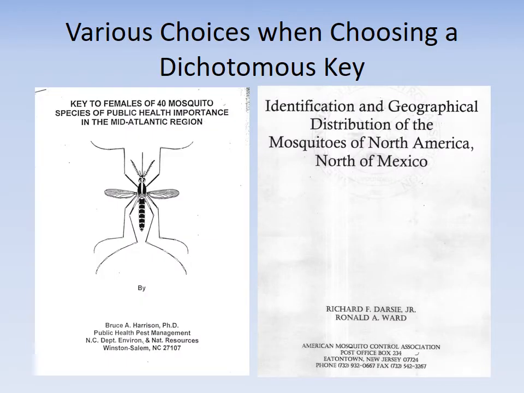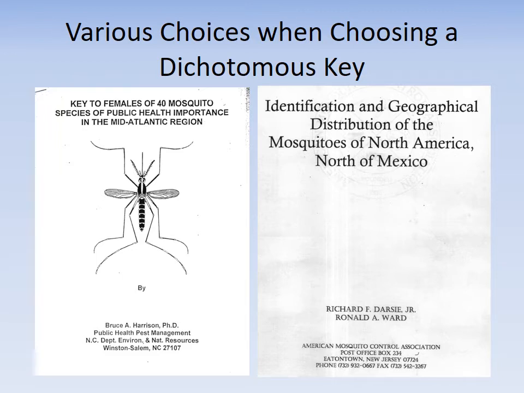There are lots of different dichotomous keys out there that you could use. Some are older. We've got an older Mid-Atlantic region dichotomous key to the left. We have all of North America on the right.